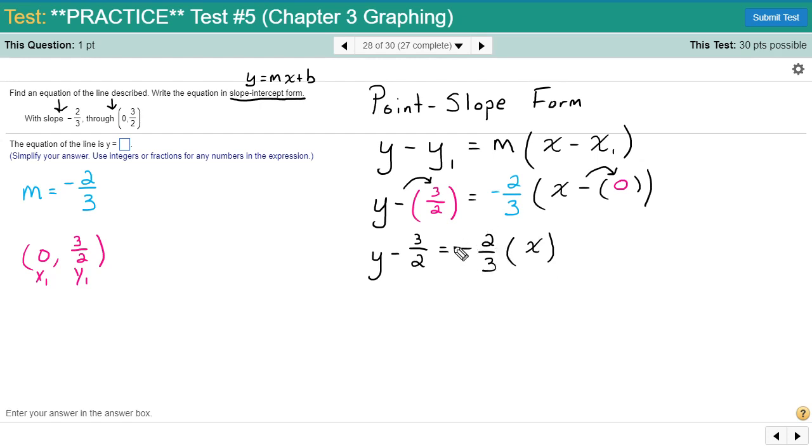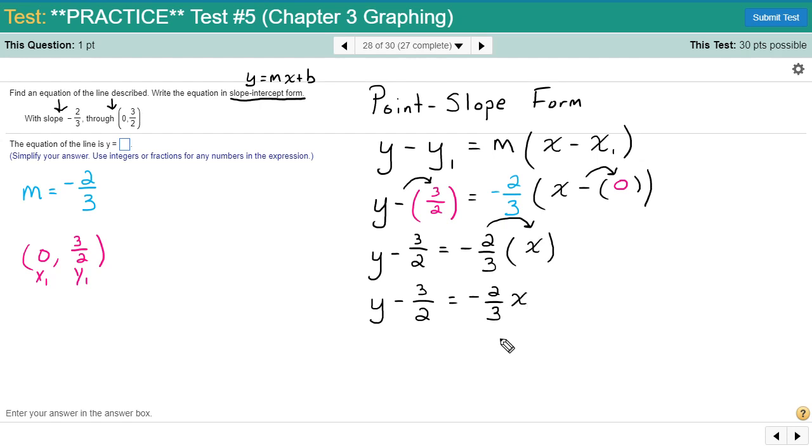If we clean up one more time, let's finish our distribution. We can take this negative 2/3, distribute for the final time to this x. So we have y minus 3 halves on the left is equal to, well, negative 2/3 times x is just negative 2/3 x.